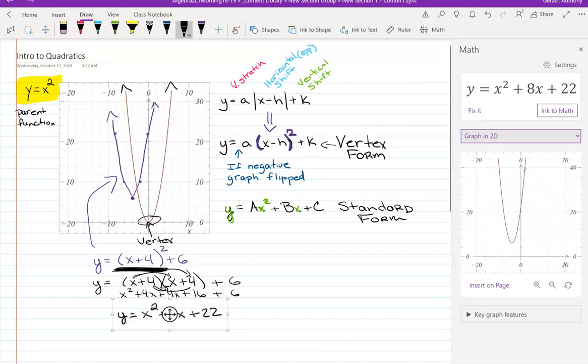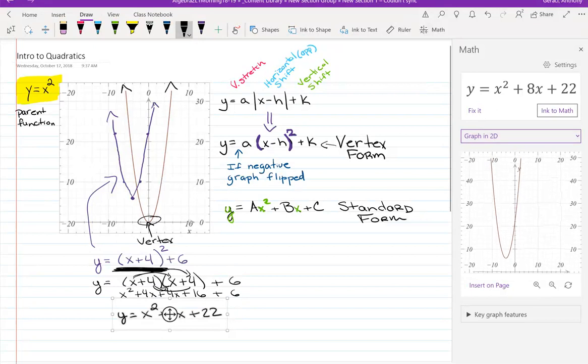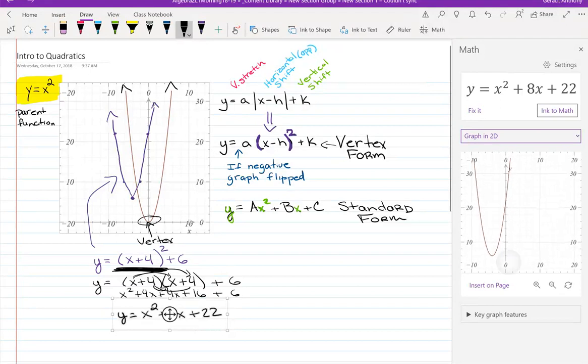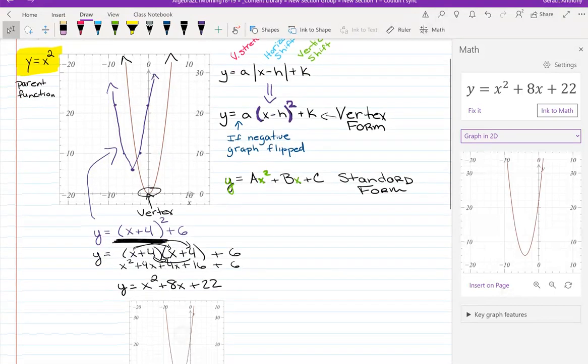Okay, let's zoom in so the scale is the same. So I go to -20. Then the highest I go is 30 over here. It's a little extra. So that looks close to the same. Actually, it's more zoomed this way, right? Okay, so that looks pretty good. So I'm going to insert on page. Okay, now it's down here.